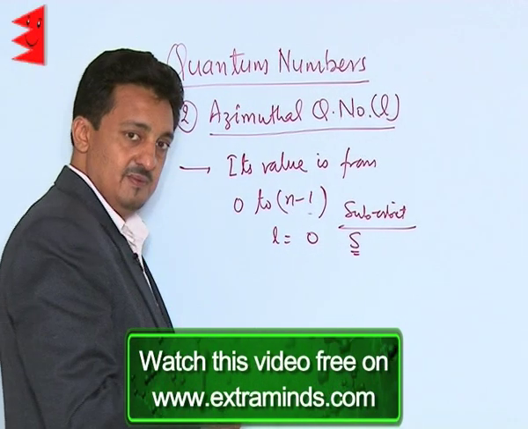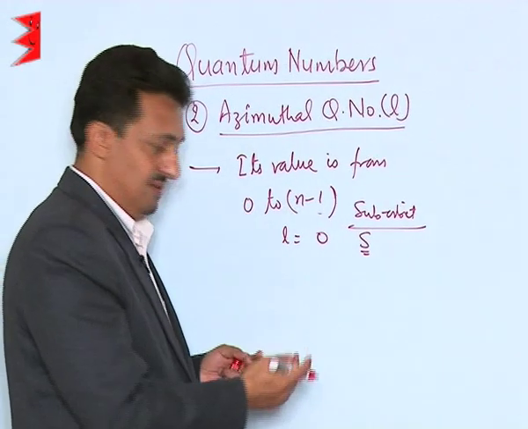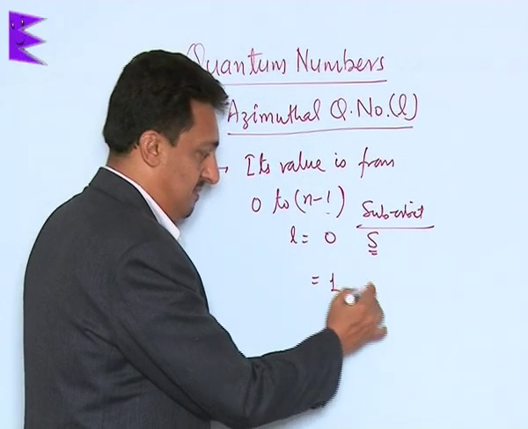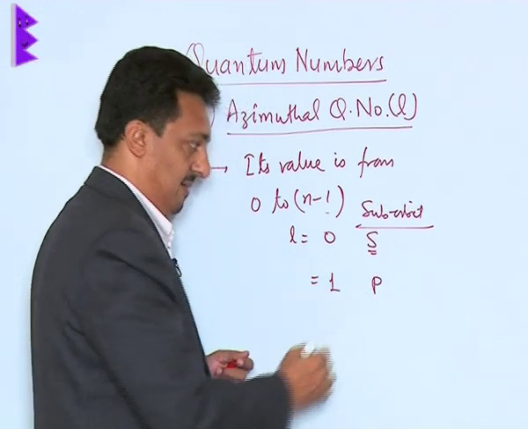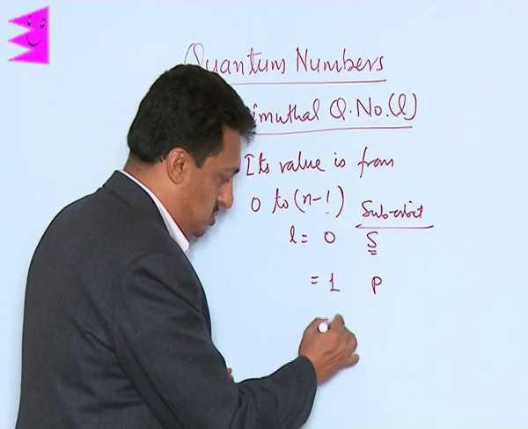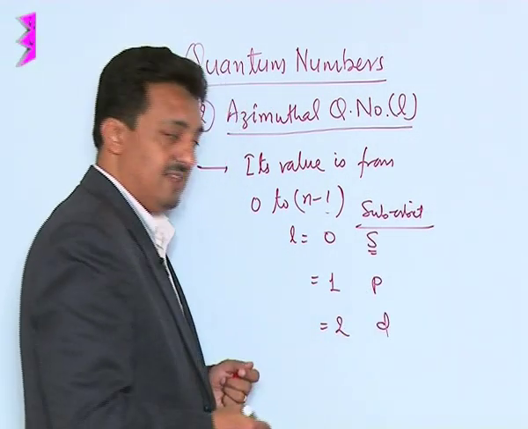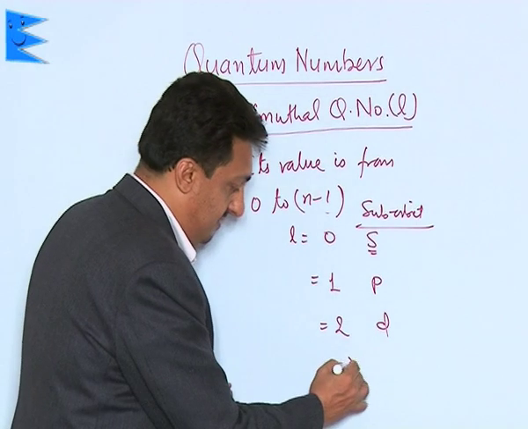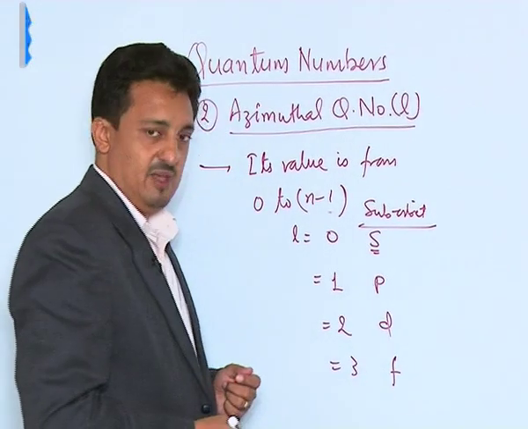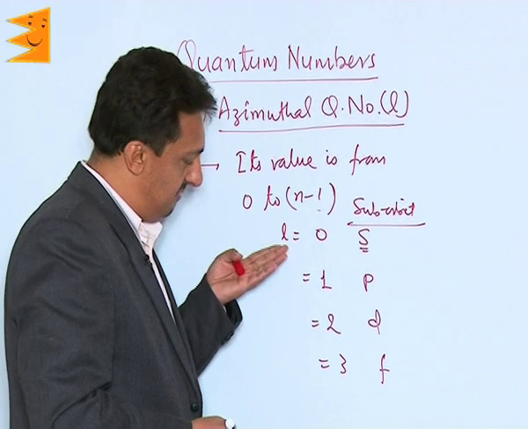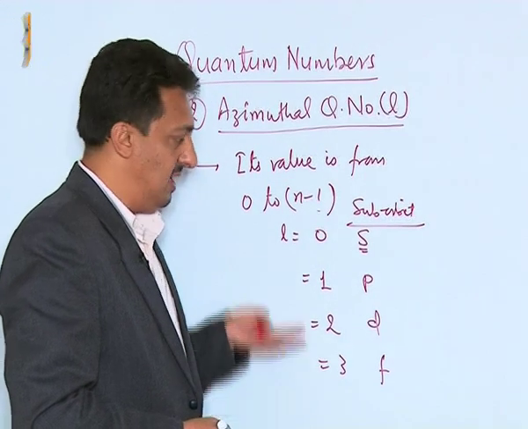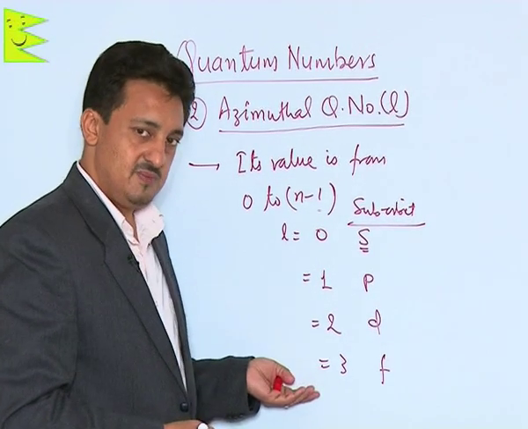It's small s, which means spherical. Whenever it is 1, it is called p suborbit. Whenever it is 2, it is called d suborbit. Whenever it is 3, it's called f suborbit. This is what we have known. We have been knowing them as the spdf suborbits.